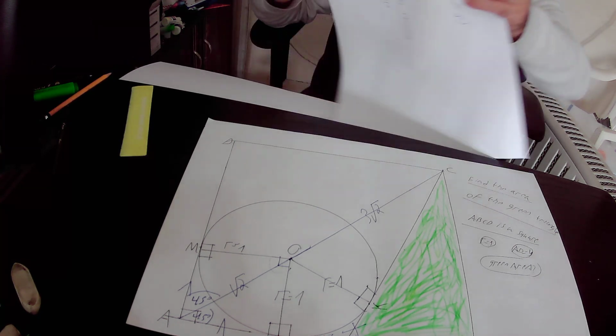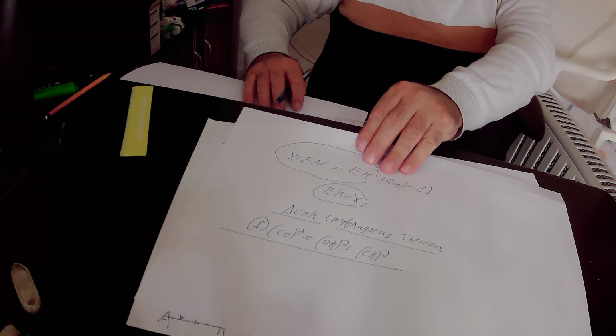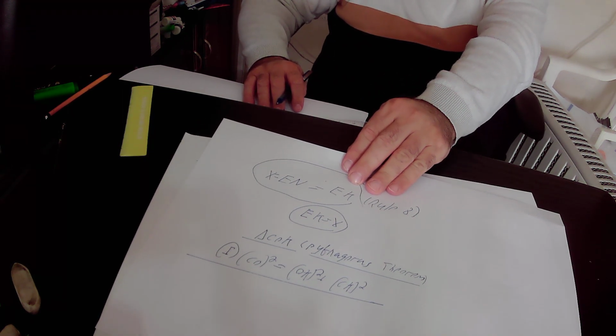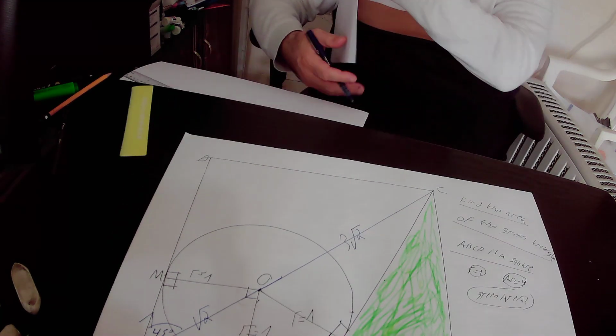I repeat again. In the right angle triangle COK, according to the Pythagoras theorem, CO squared equals OK squared plus CK squared. What is the value of CO?